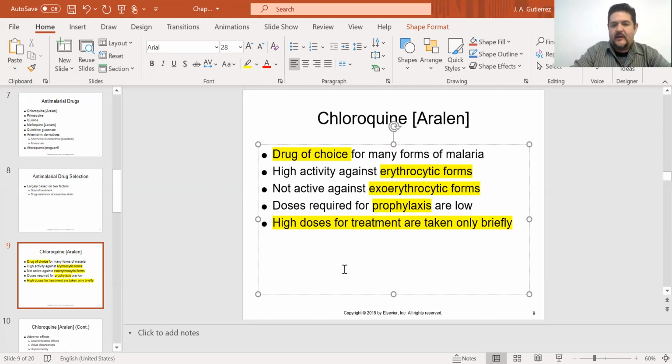regarding how they work, chloroquine and all the other quins, especially inside the red blood cell, change the pH inside of it. They make it more acid.